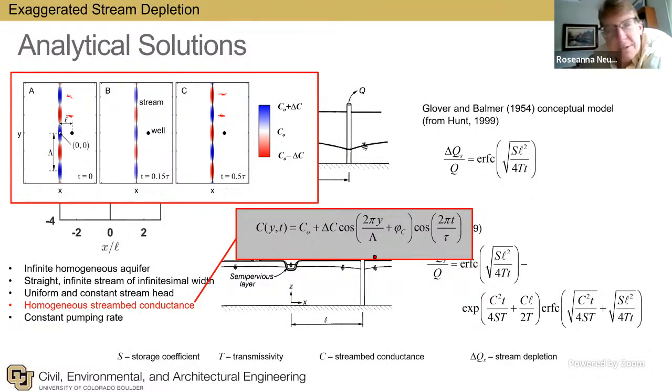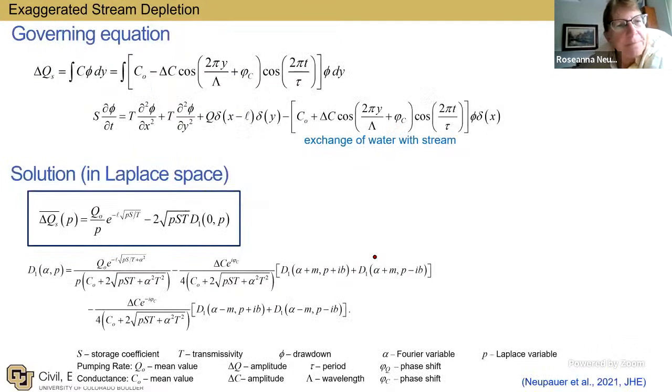So what does that do to stream depletion? We solved the governing equation for flow and got an equation for stream depletion, but we could only get it in Laplace space. So we have to do a numerical inversion. The equation in Laplace space depends on this function d, which is shown down here, but d1 depends on d1 evaluated at other parameters.